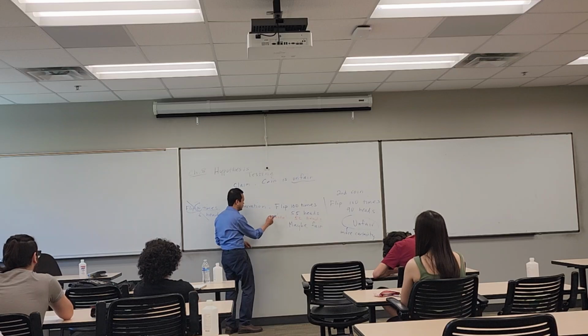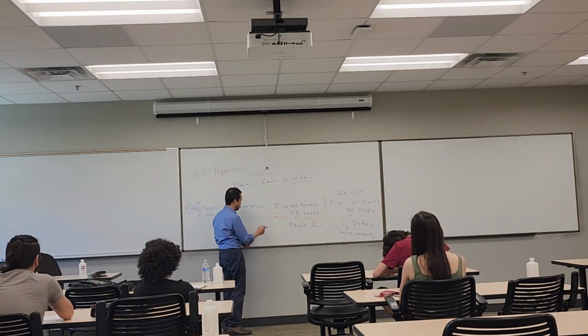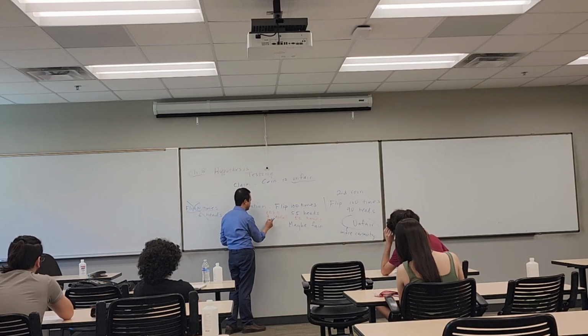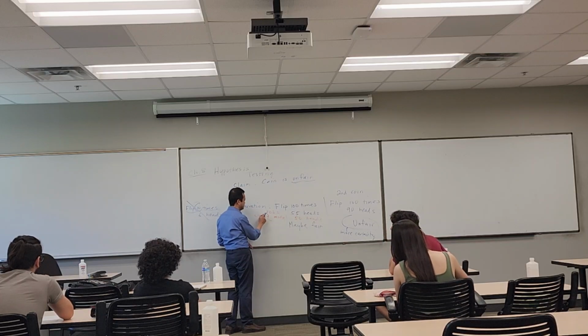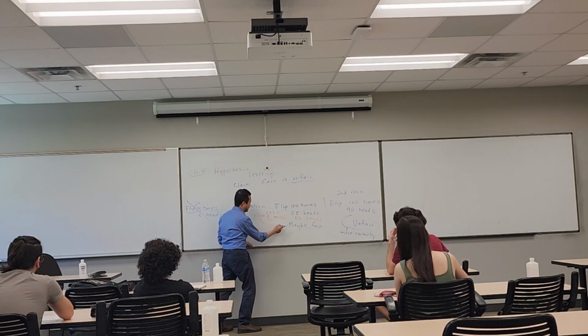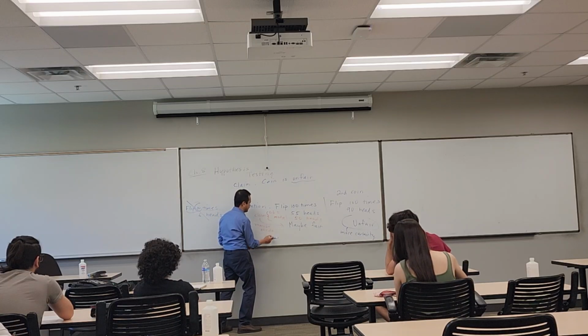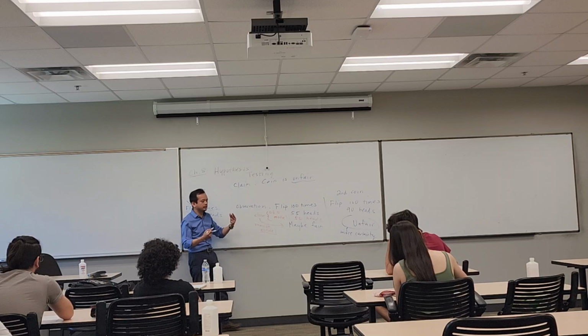We compared the observation versus the model, they were close together, and so we concluded that maybe the model was true. In this case, the model being the coin is fair, so maybe the coin is actually fair.